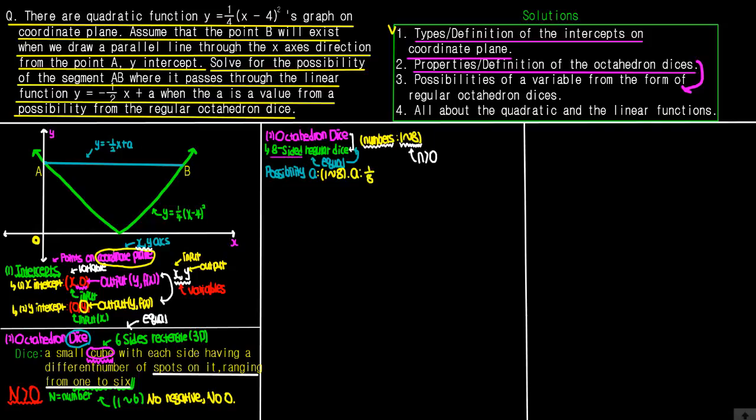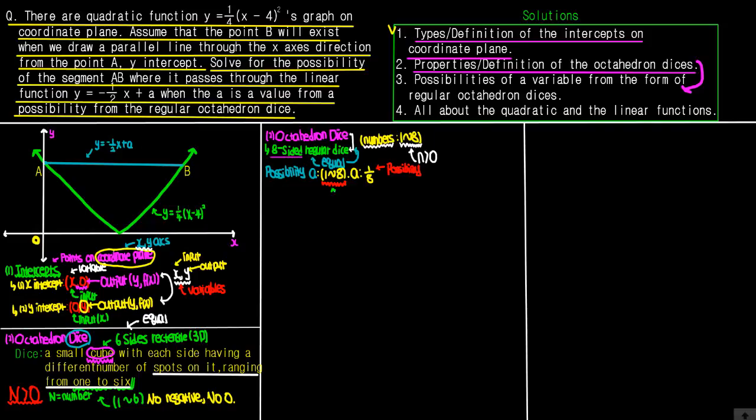The A value comes from the octenary dice and can only be one number or value.